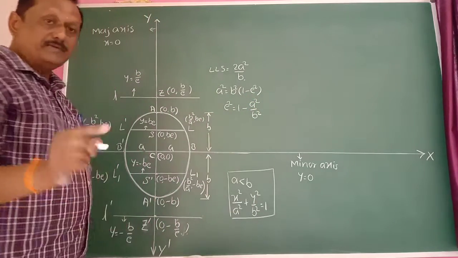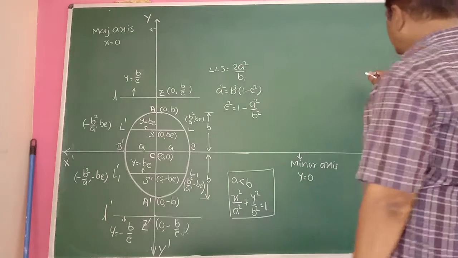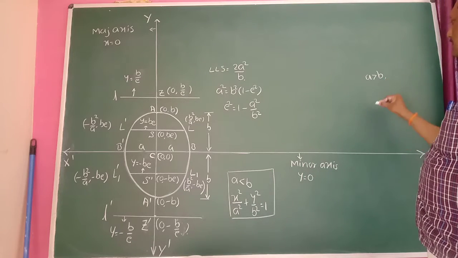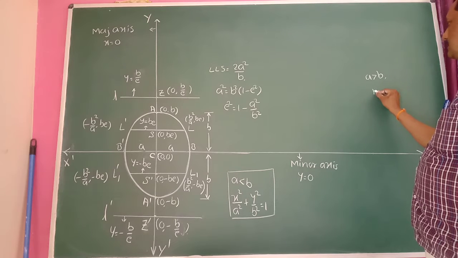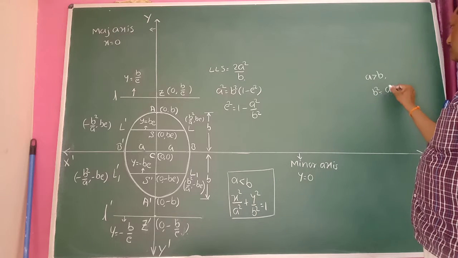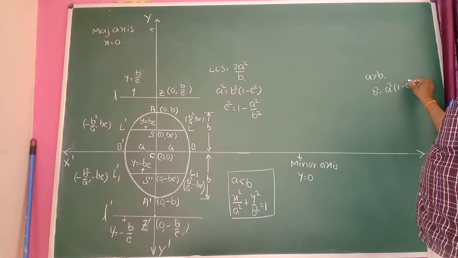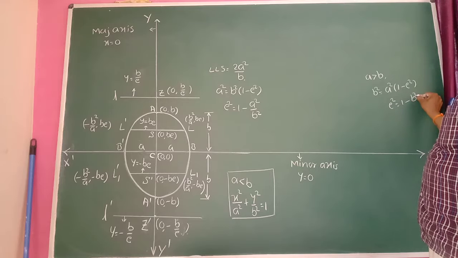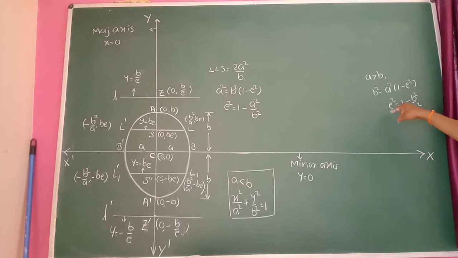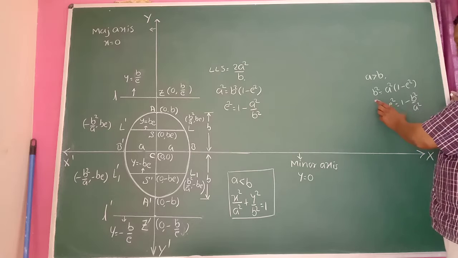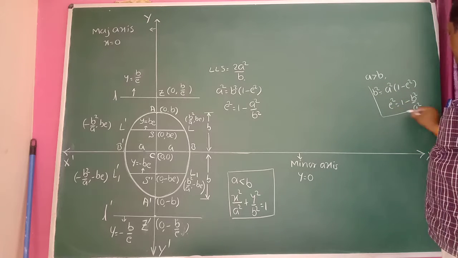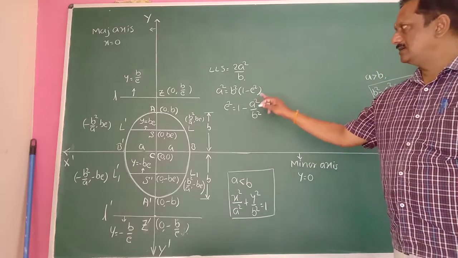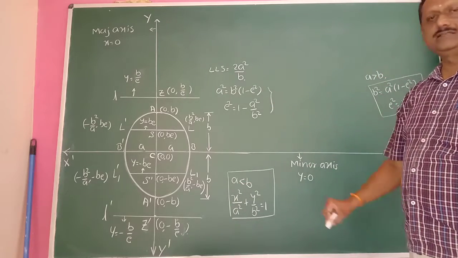And in the previous case, if a is greater than b, the eccentricity is obtained by b square is equal to a square into 1 minus e square, or e square is equal to 1 minus b square divided by a square. In the previous case, if you want to find the eccentricity, use this formula. And for this ellipse, a less than b, the eccentricity is obtained by using this formula.